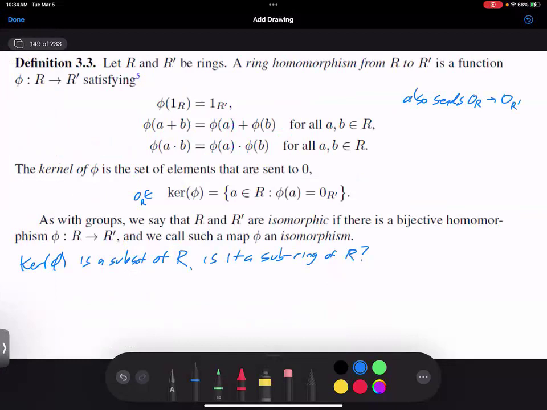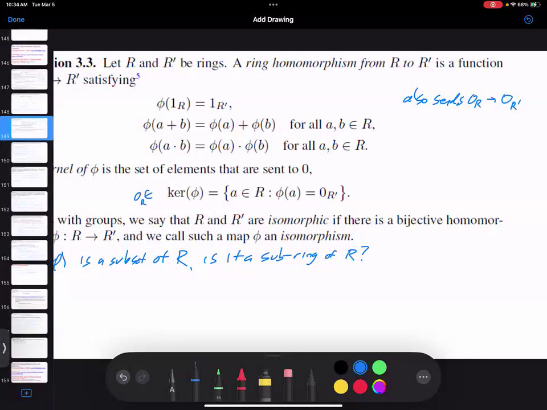Phi of a sum is the sum of the phis. Phi of a product is the product of the phis. So this is what it means to be a ring homomorphism. You have to satisfy these three properties. And then the kernel is the set of all elements that are sent to 0. It's not too bad to show that 0 has to be in the kernel, so the kernel is not empty.